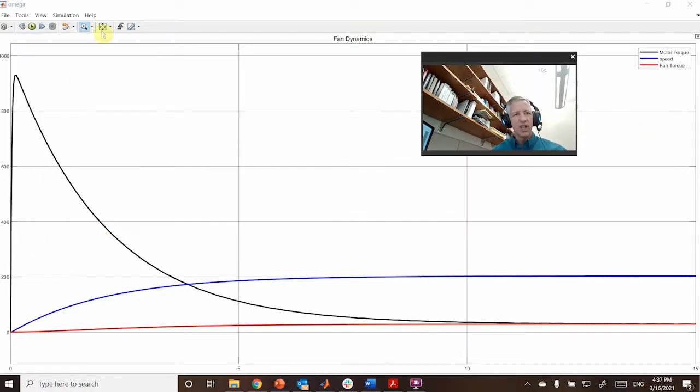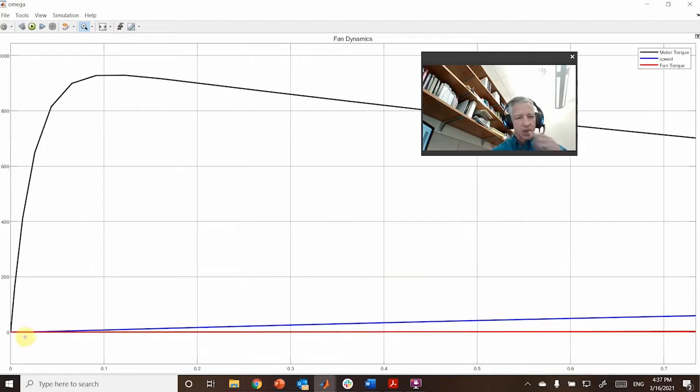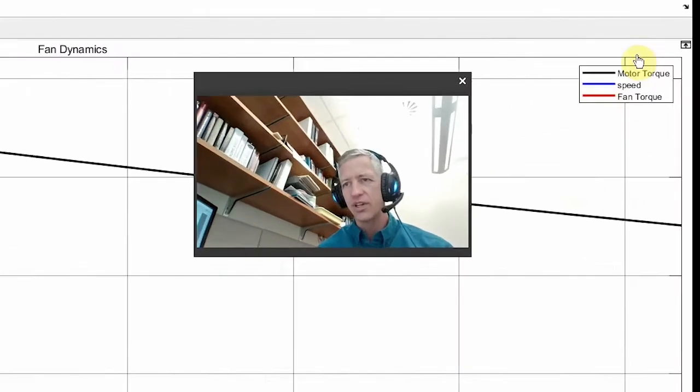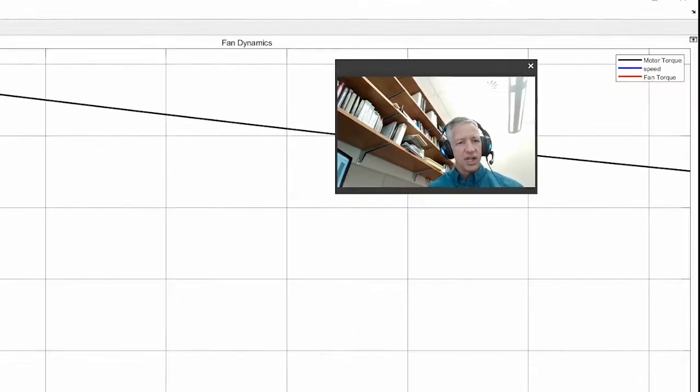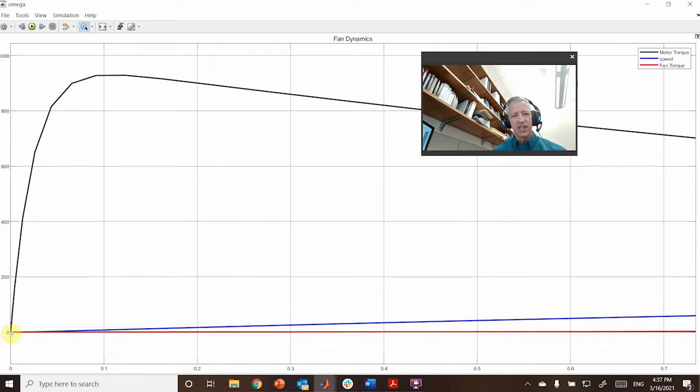Here are our plots. So let's start in the beginning. Right here in the beginning, you see this black one is our motor torque, the blue one is our speed, and the red one is our fan torque. Initially we apply our voltage, and there's no torque from our load because our fan isn't moving, since it has a quadratic force speed plot.